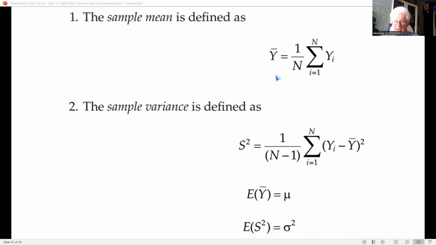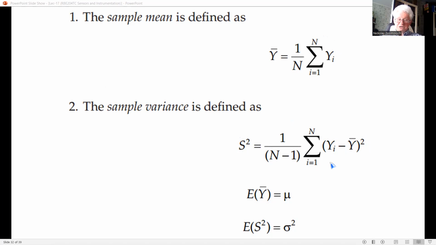The average y bar is 1 over n times the sum of each component. And second, the sample variance is defined as in these equations: s squared is 1 over n minus 1 times the sum of each deviation of y sub i from the average, squared.